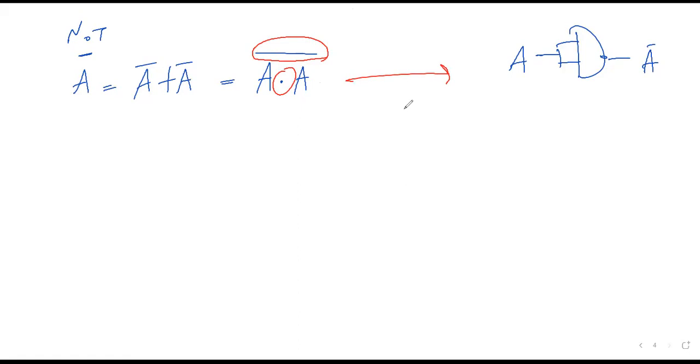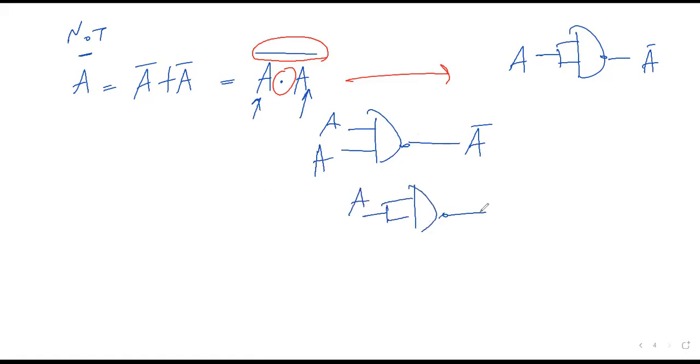So my logic diagram says I have two inputs, A and A. I can do these two inputs, A and A, with my NAND. I get A bar. This can be simplified as one input A. I get my A bar. You can prove this using the truth tables.